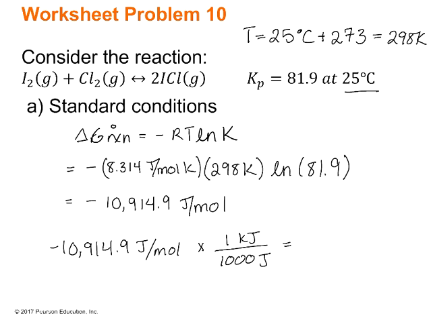And that will give us negative 10.9 kilojoules per mole. Okay, so under standard conditions, is this reaction spontaneous? Yes, it's negative, right? And that makes sense with what we saw earlier. If K is greater than 1, then delta G is negative and the forward reaction is spontaneous. So it all lines up, which is perfect.